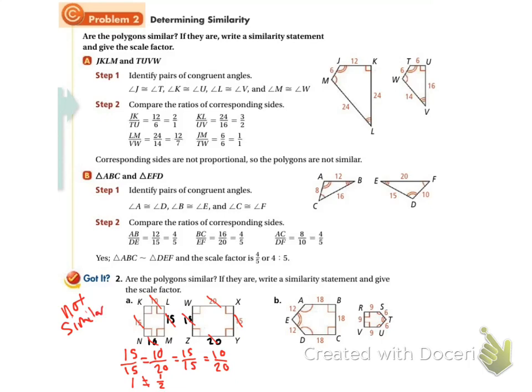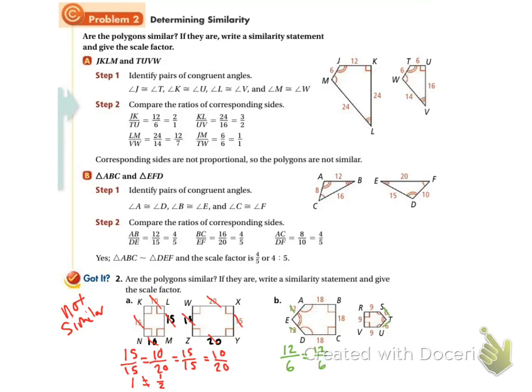Okay, let's check out this other problem. So all of our angles are matching up, right? Here's 2 lines, 2 lines, 1 line, 1 line, 1 line, 1 line, and the rest are 90-degree angles. So I'm going to start with this side right here. So we've got 12 over, well that matches up with this 6. So 12 over 6 equals, and then I'll go down, I got 12 again, over 6 again.